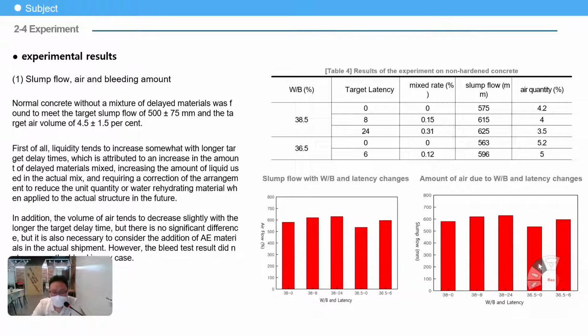This picture shows slump flow with water binder and retardation change, and the amount of air due to water binder and retardation changes.